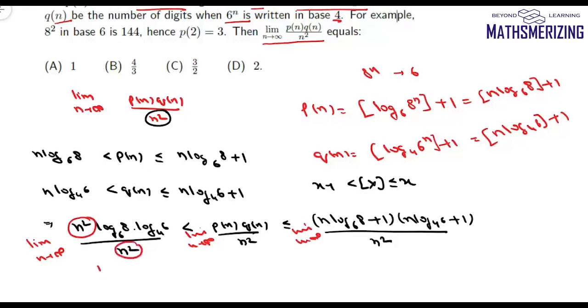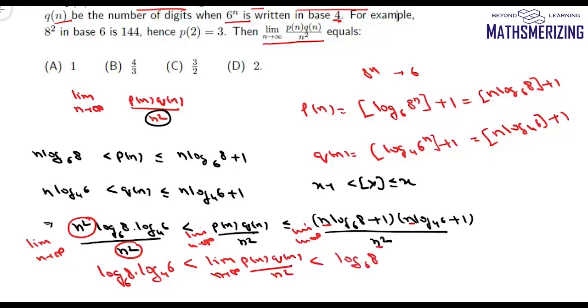So the answer to this left hand limit will be simply log 8 base 6 into log 6 base 4, and here also the highest power is n square, so this limit will also be log 8 base 6 into log 6 base 4.